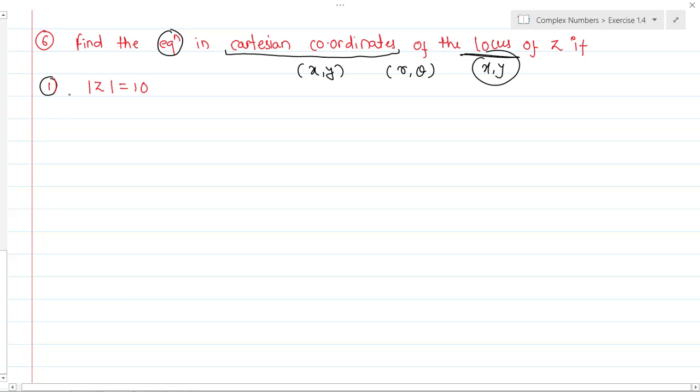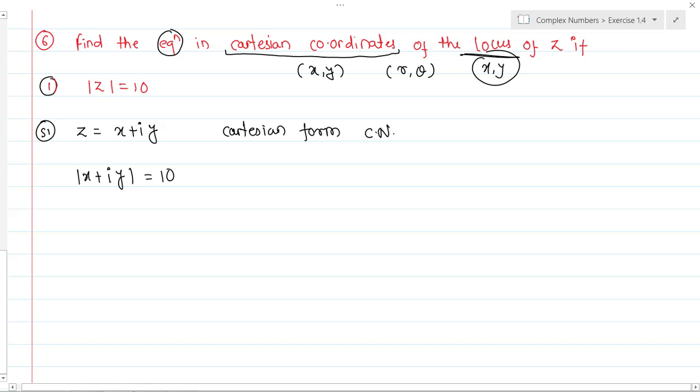So how do you do it? The first step is to replace z with x plus iy, because this is the Cartesian form of the complex number. So let's substitute: mod of x plus iy is equal to 10.